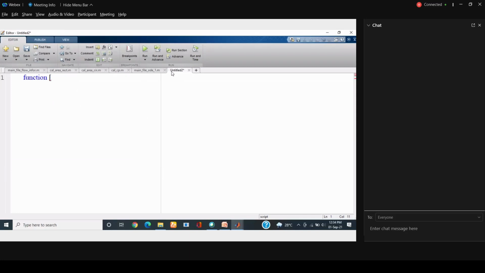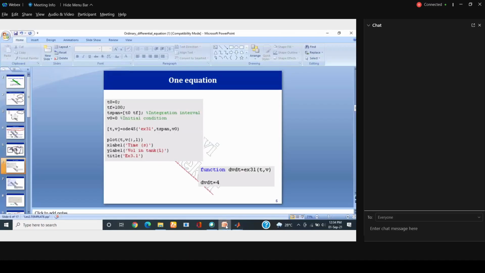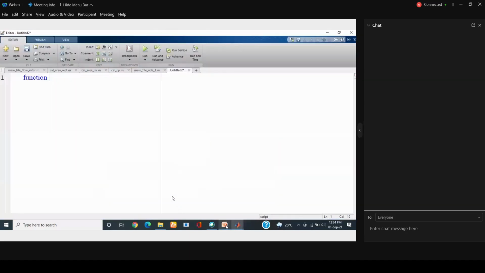We need outputs. So the output here I can say dvdt is equal to the name of the function file which I said, odeexp1, and input arguments.